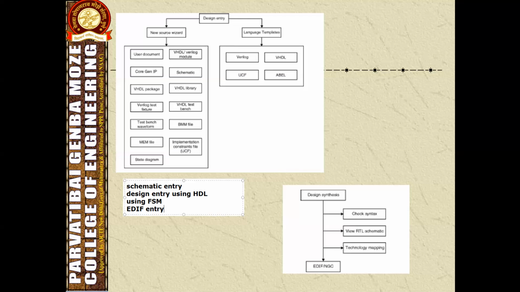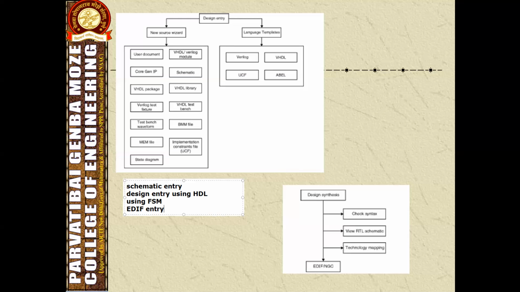It is generated by the EDIF design entry tool, which has input files: VHDL file, Verilog, and ABEL. The VHDL extension is .vhd and .vhdl, Verilog is .v, and ABEL file is .abl. EDIF file has extension .edf, the schematic file has .sch, the state diagram file has .dia, and the user constraints file is .ucf, or the user generates it in a particular entry editor.